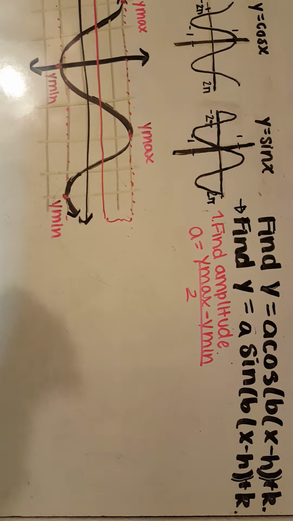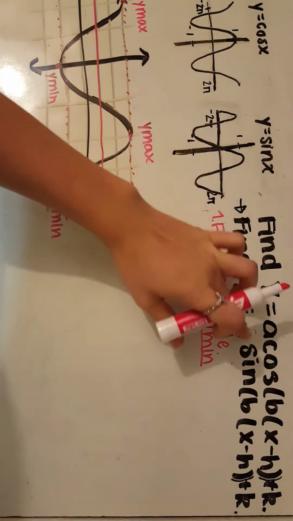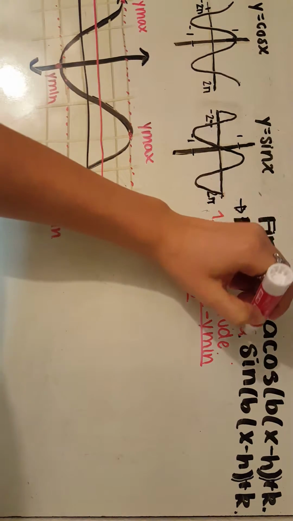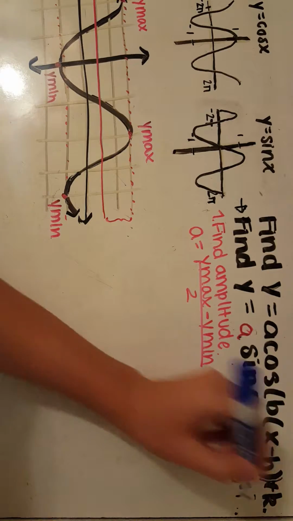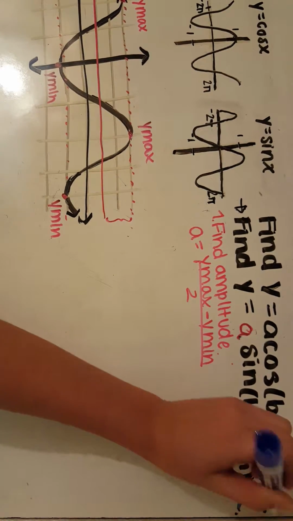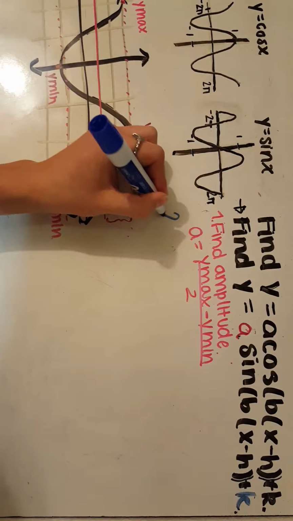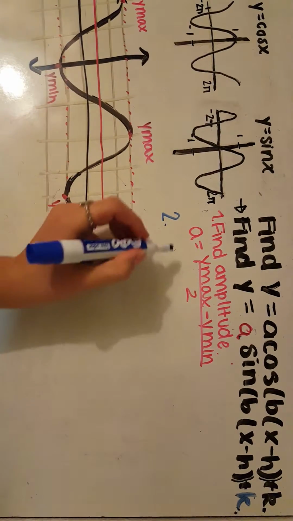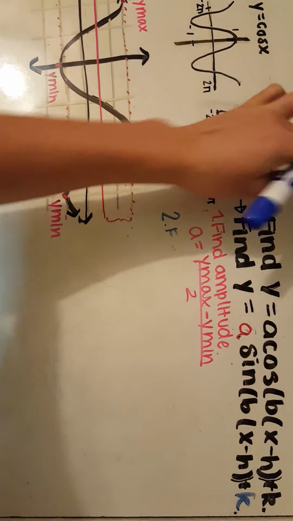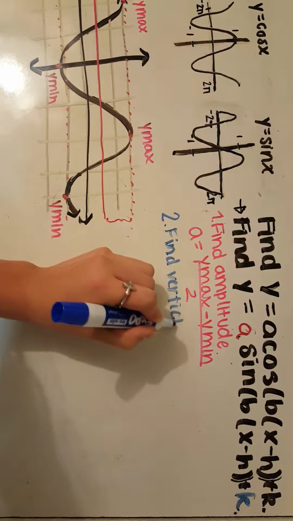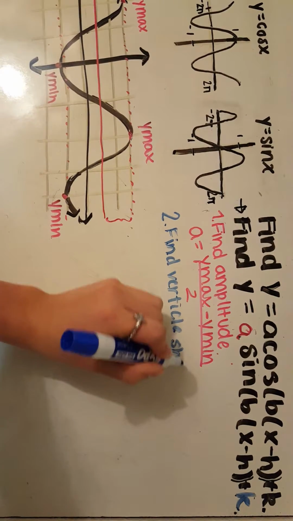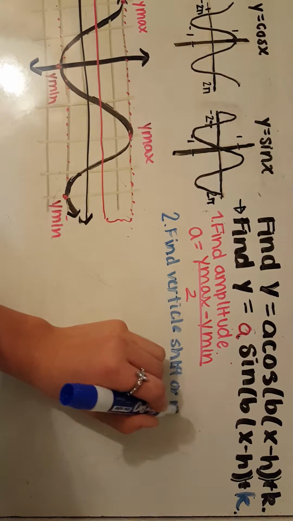Alright, so the next step of this problem is going to be finding k. So let me replace a in orange so it's easier to view. Now we're going to find k, so I'm going to mark that in blue for step number 2. So 2 is going to be find our vertical shift, our midline.